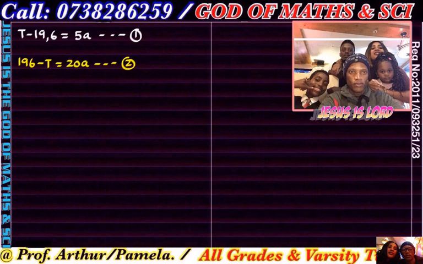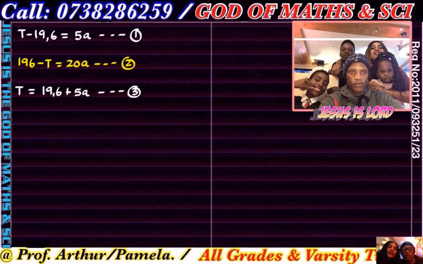I'm going to work from equation 1 to solve for T. So T is going to be 19.6 plus 5a. Mathematicians would call this equation number 3, which is nothing else but equation 1. Take all of that and substitute it there, but put that in a bracket, because the minus will change the sign of 19.6 and the sign of the 5a.